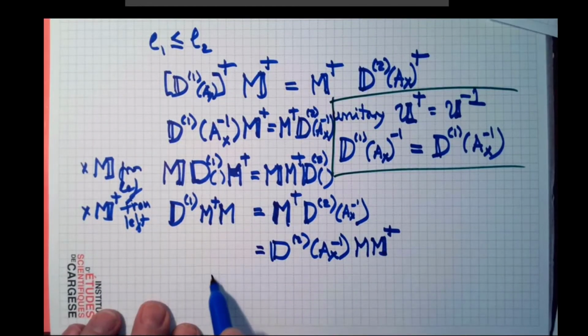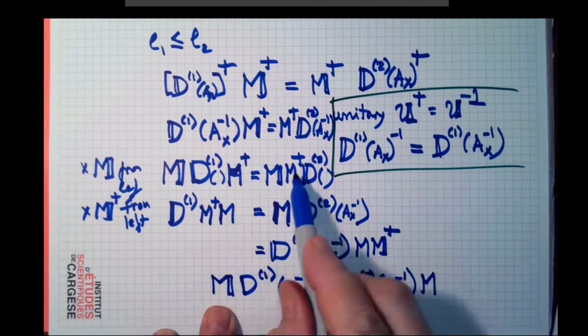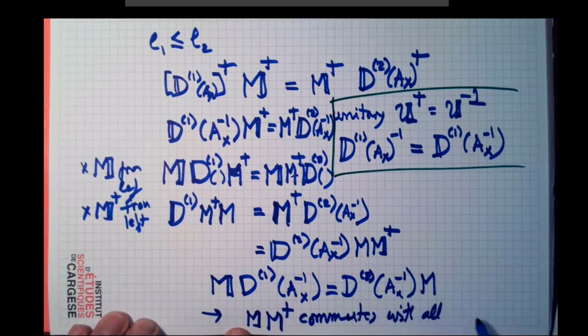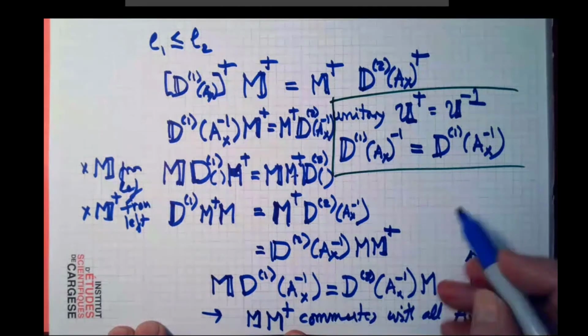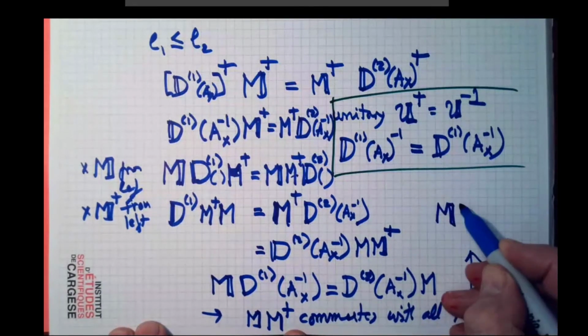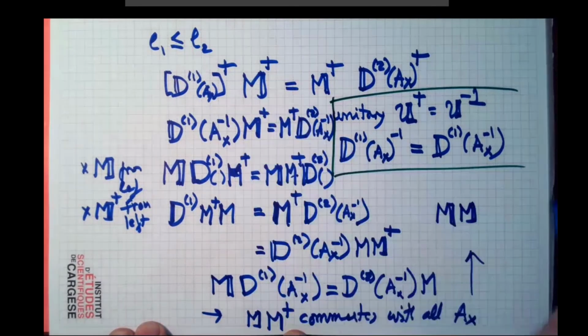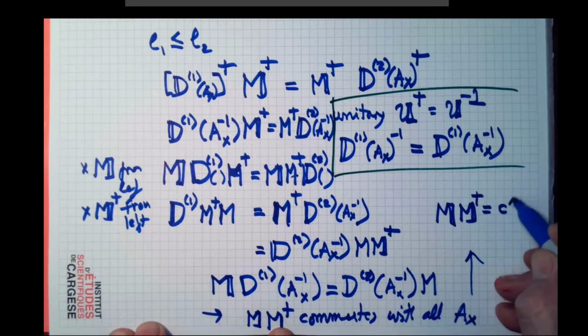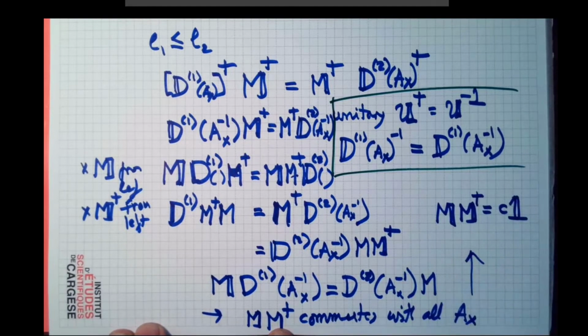And out of all this, the MM that's showing up here and there commutes with all AX, because we can choose A to be anything and the inverse will be some other group element. So that means that this combination that we assumed before, M Hermitian conjugate M, by Schur lemma number 1 must be proportional to unity.